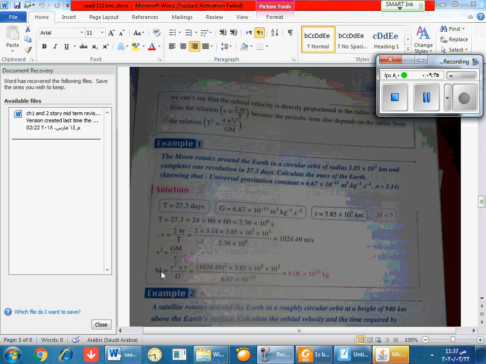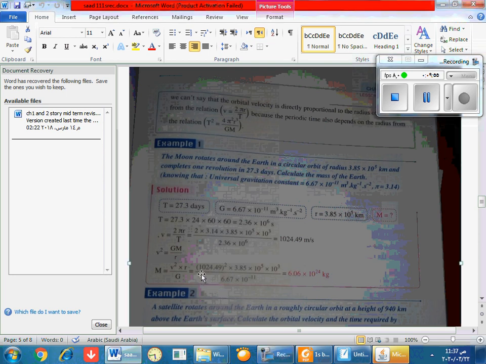Then mass M equals v square r over G, which is equal to 1024.49 square times 3.85 times 10 power 5 times 10 power 3 over 6.67 times 10 power negative 11, which is equal to 6.06 times 10 power 24 kilograms.